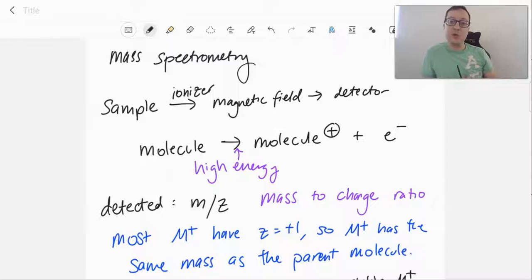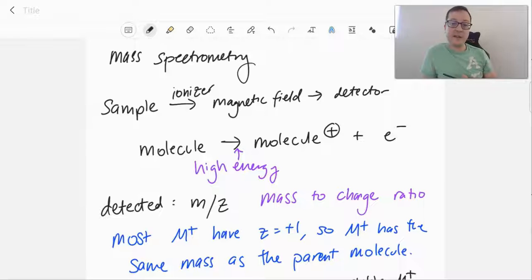As a result, we're left with a positively charged molecule that has lost its electron. And because of the instability of this, these experiments are often conducted in a vacuum so that there's nothing to react with our molecular ion, because it would react, right, to try and get its electron back.